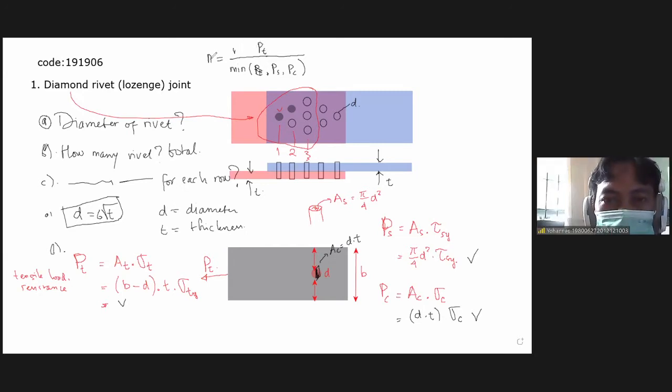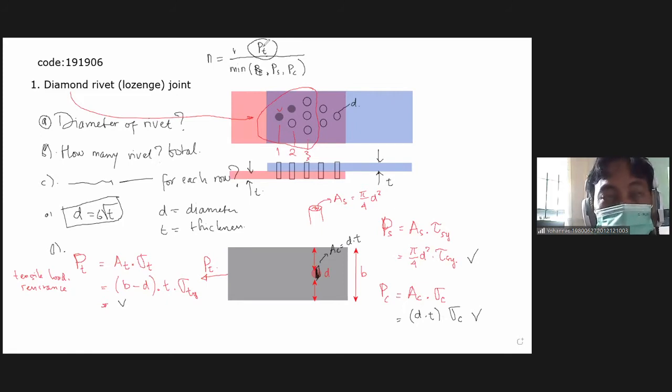So now to calculate the number of rivets, we just take the ratio between the tensile load resistance, which is usually the largest one because we only reduce the tensile area of the plate with a single rivet hole, so this strength is closest to the ideal joint or the plate without a joint.